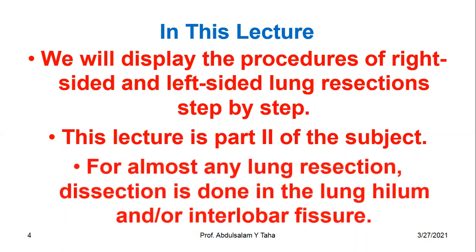I would like to remind you that for almost any lung resection, dissection is done in the lung hilum and/or the interlobar fissure. Therefore, it is very crucial for the surgeon to know the anatomy of the lung hilum and the interlobar fissure very well, so that dissection is done safely to perform different types of lung resection.